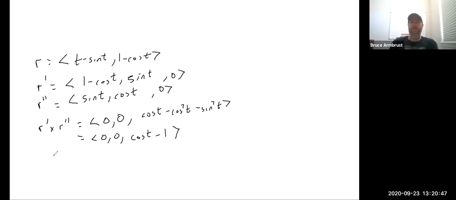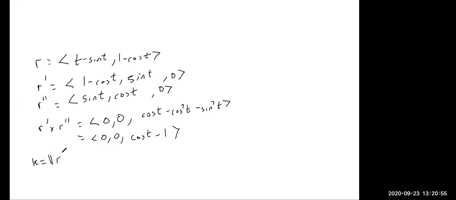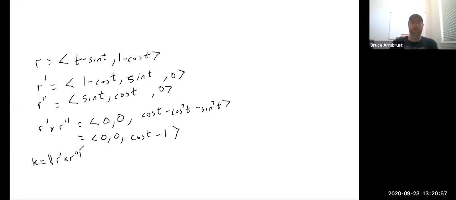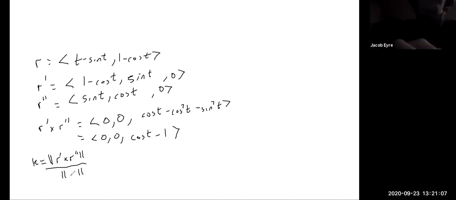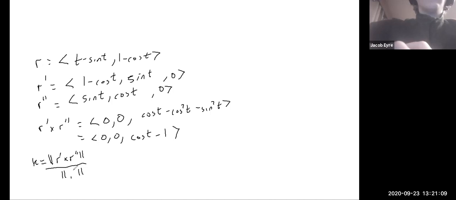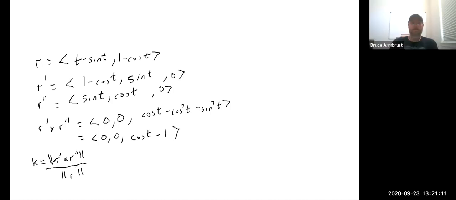I highly recommend it, because now think about what that curvature formula is, right? It's the magnitude of r prime cross r double prime. And then do you guys remember what goes on the bottom? The magnitude of the cross product vector goes on the top.